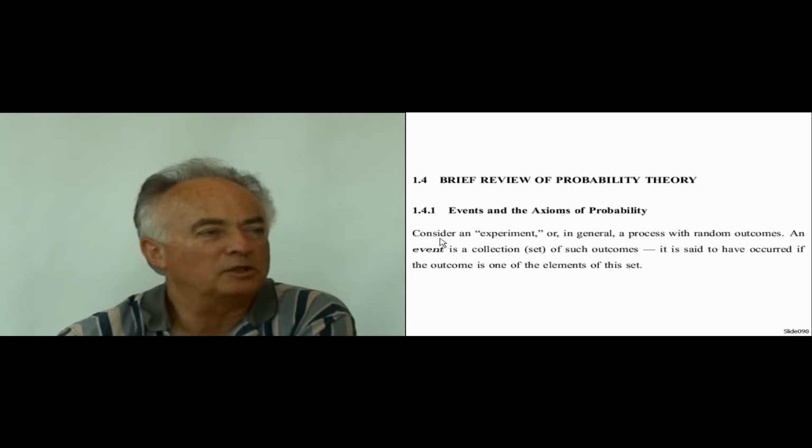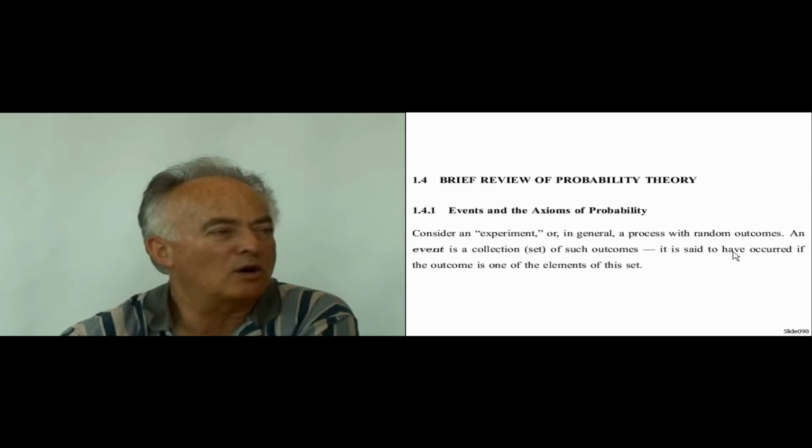Consider an experiment, a process with random outcomes. In this case, we define an event as a collection or a set of such outcomes, and we say that such an event occurred if the outcome is one of the elements of this set.